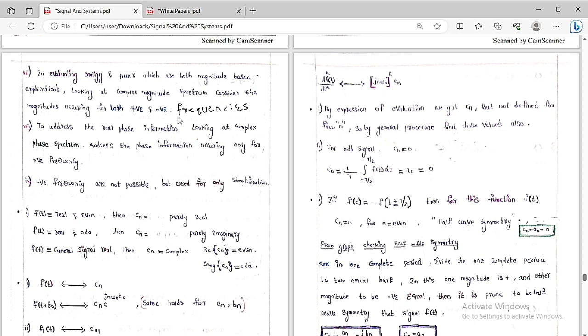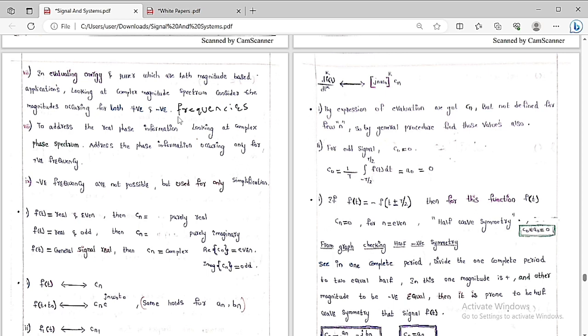So finally, in evaluating the energy and the power, which are both magnitude-based applications, looking at the complex magnitude spectrum, consider the magnitudes occurring for both the positive frequencies as well as the negative frequencies.